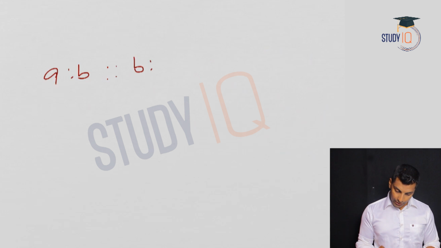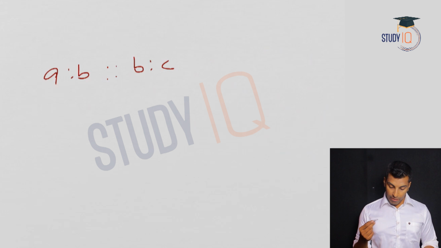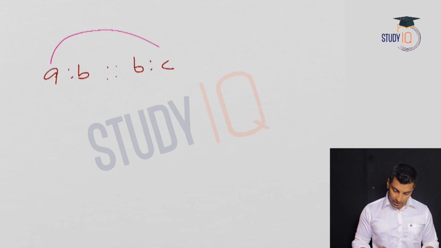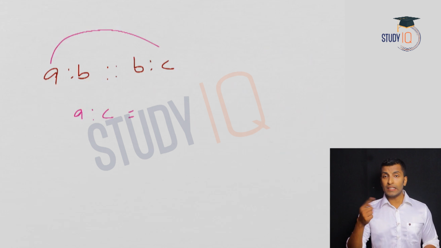Now again, if three quantities are in continued proportion, A is to B equal to B is to C, then the first is to the third, that means A is to C, is equal to the duplicate ratio of the first to the second.